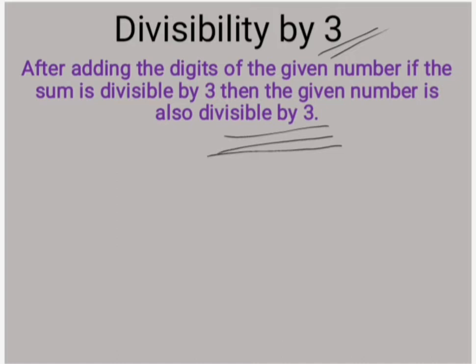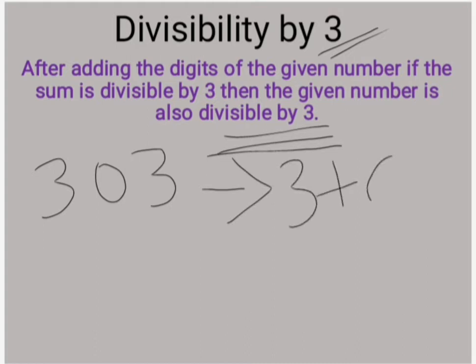And what is the meaning of this statement? According to this statement, you have a number 303, for example. It is a 3-digit number. To check the divisibility by 3, you will add all the 3 digits of this number, that is 3 plus 0 plus 3. After adding, we got 6 as the sum.